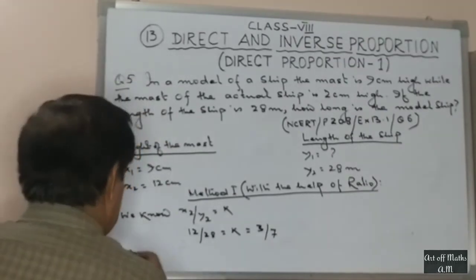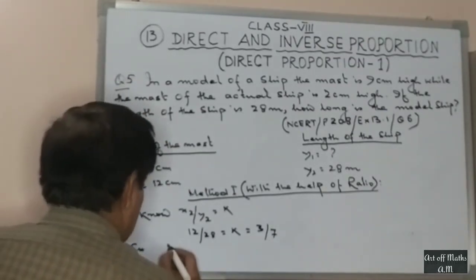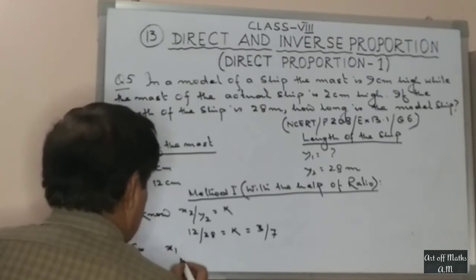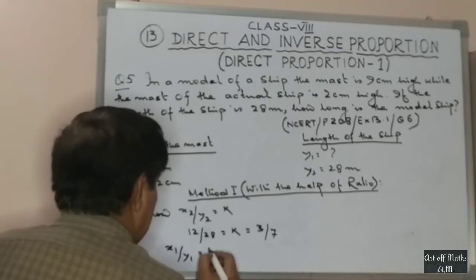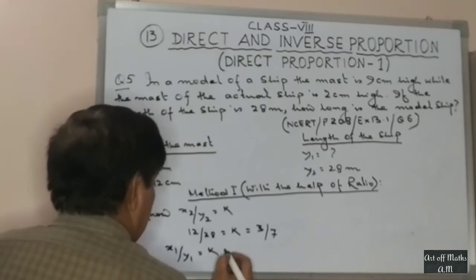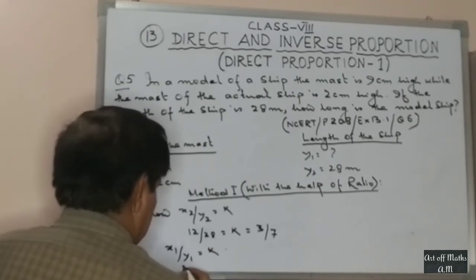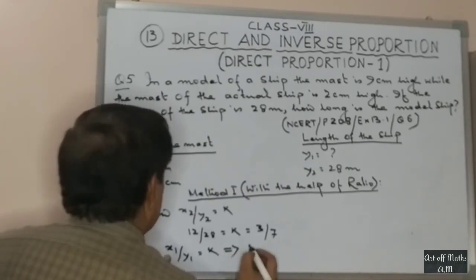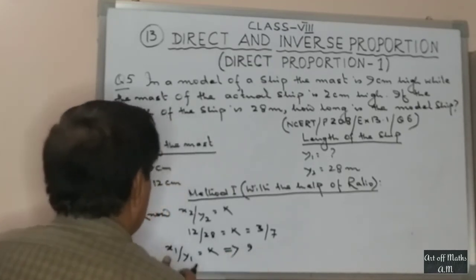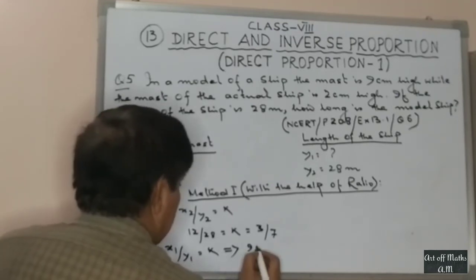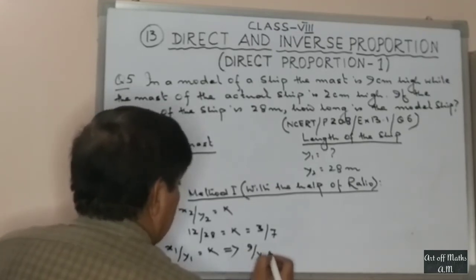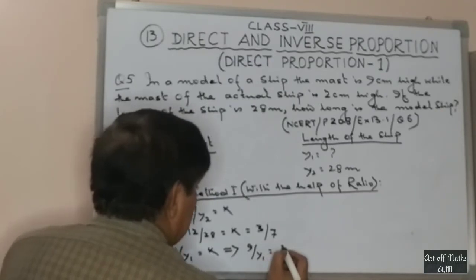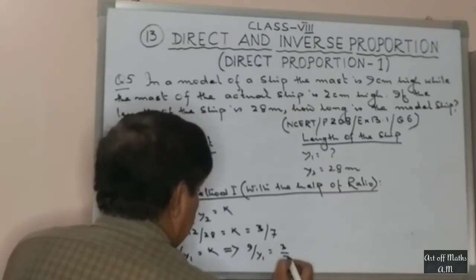Now, x1 by y1 is also equal to k. So here x1 is 9, and y1 equals 3 by 7.